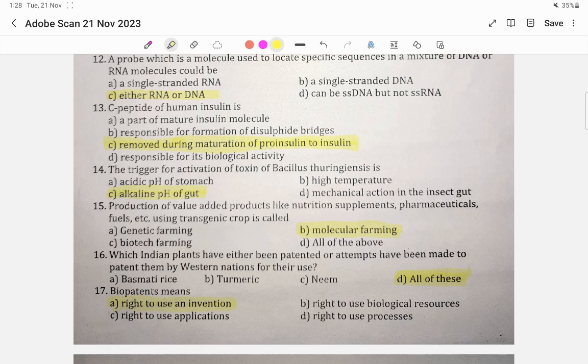Anyone can use biological resources. For that, biopatents is not required. Whereas the biopatent rightly implies right to use an invention. If it were modified biological resources or invented biological resources, then we could have utilized it as an answer, but it is not completely right. So the right answer would be right to use an invention.